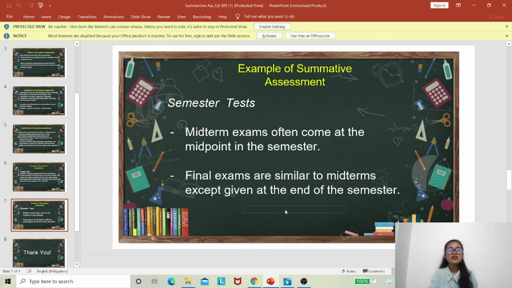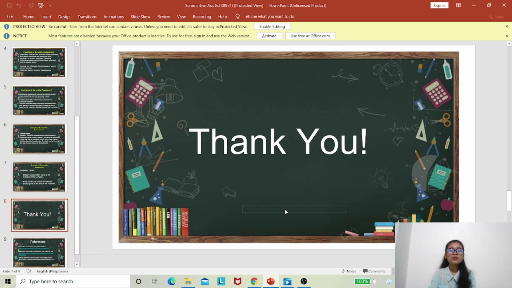Midterm exams often come at the midpoint in the semester, while the final exams are similar to midterms except given at the end of the semester.